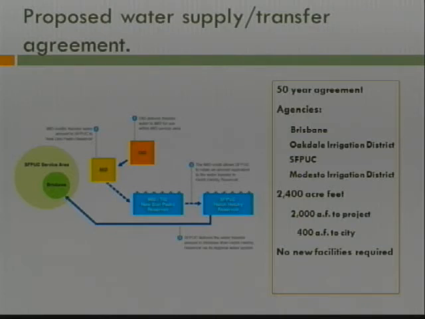So all the water that would flow to the city for the Baylands, all 2,400 acre feet, would flow through existing facilities. Now, all that does not occur with no impacts, even though no facilities are built. So even though there are existing facilities and no new ones, there are a few things that were analyzed.